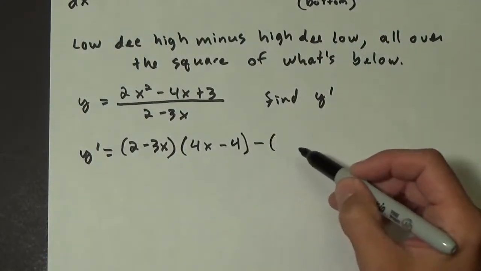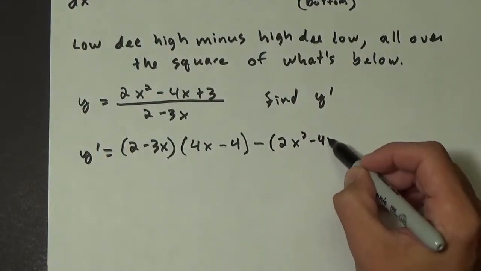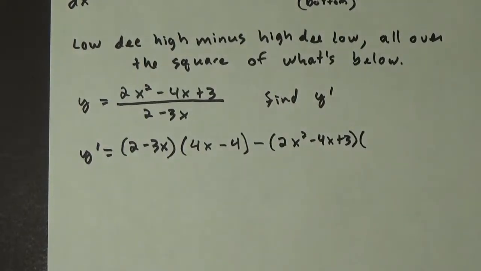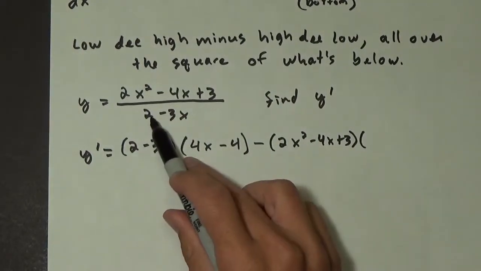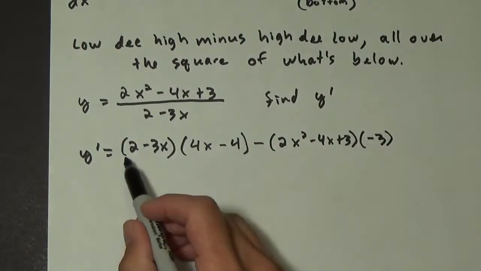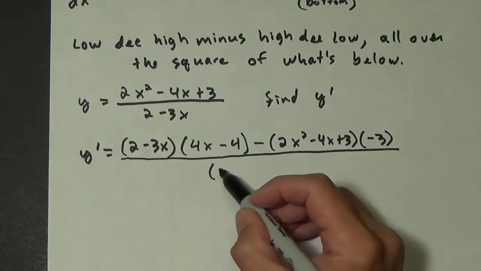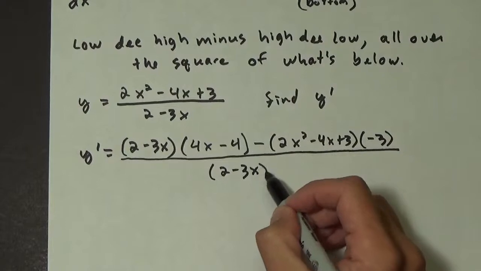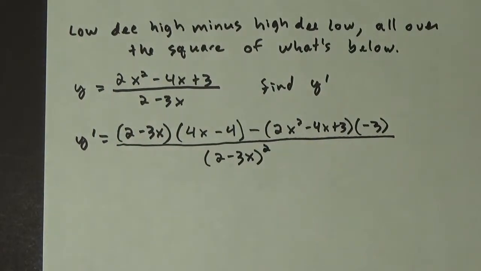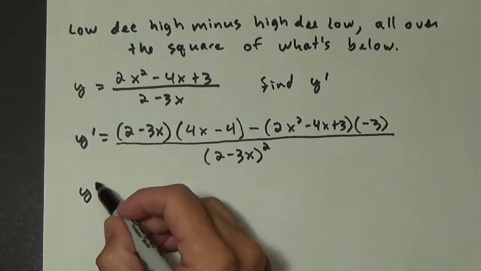Then we subtract the top, which is 2x squared minus 4x plus 3, and multiply that by the derivative of the bottom. So the derivative of 2 is 0. The derivative of a negative 3x is a negative 3. And then we divide the whole thing by the bottom squared. And so we end up with y prime.